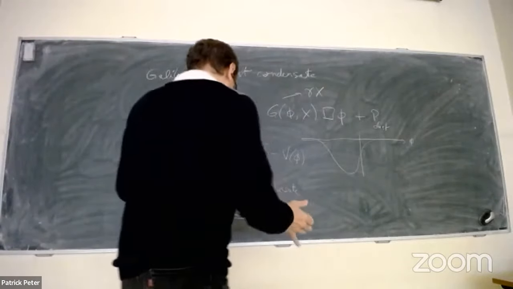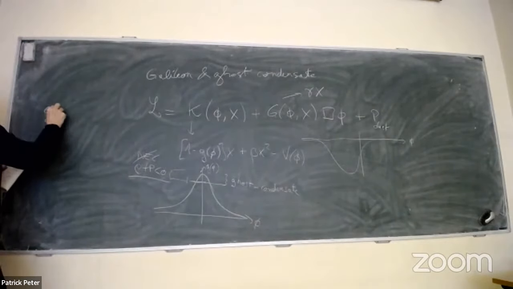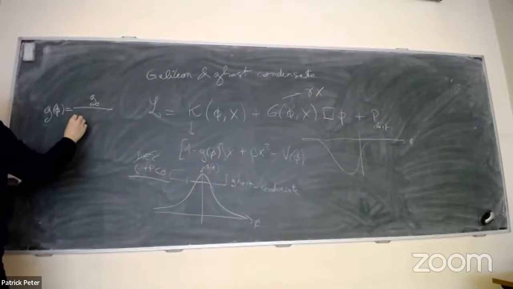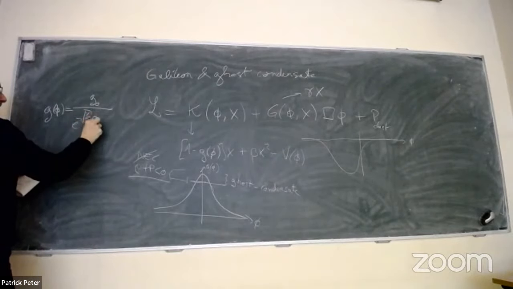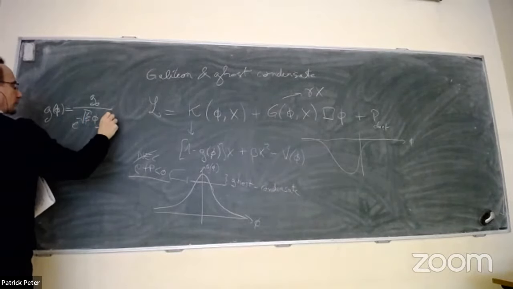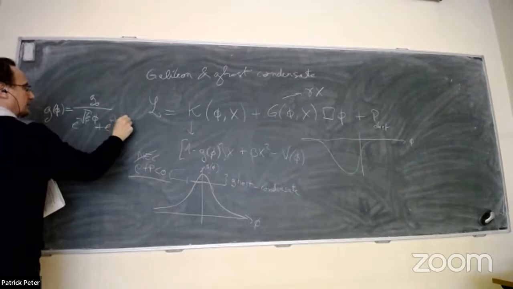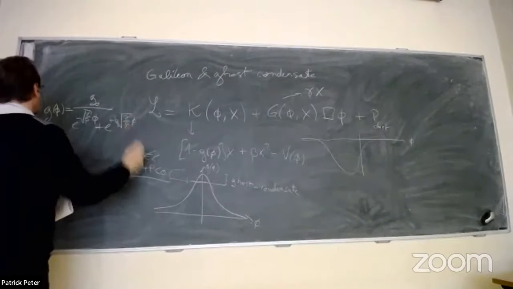So in practice, the idea is to write g of phi as g0 divided by exponential of minus 2 over p phi plus exponential of plus 2 over p phi.